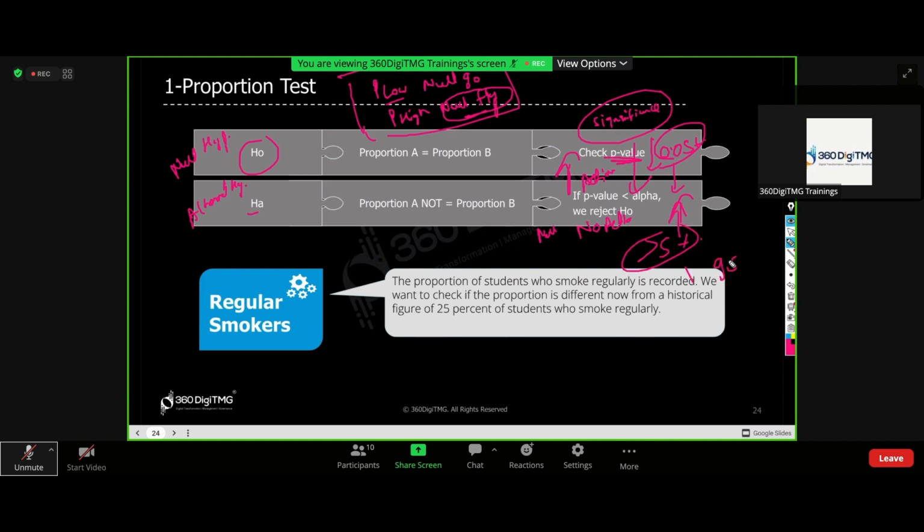Industry standard is 95% confident. You can go 5% wrong. You cannot go wrong beyond 5%. So if this P value is greater than 5%, then you should not take any action. You should go with null hypothesis. No action has to be taken. If P value is less, then you can reject this null hypothesis and go with the alternate hypothesis.